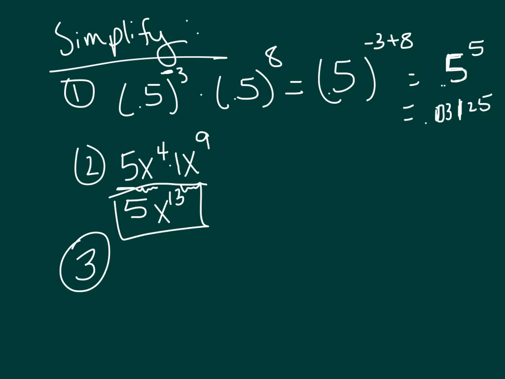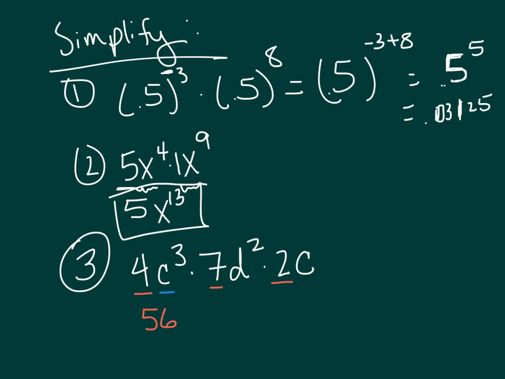Another example might be something like 4c to the third times 7d squared times 2c. In this case, again, we want to focus on what's similar and what can actually be multiplied together. All these coefficients can be multiplied together. So 4 times 7 times 2 is going to give you a 56.